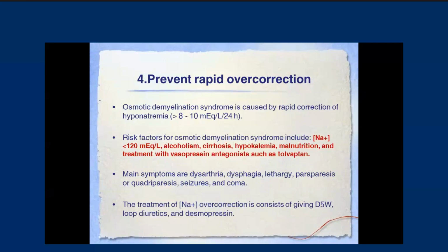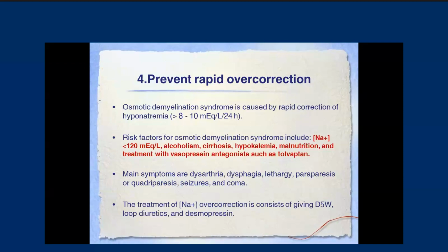It usually develops between the 2nd and 6th day of treatment. If it is identified early and treated accordingly, it is reversible. Most of the time, if it is not identified and not treated early, then it carries a high risk of morbidity as well as mortality.